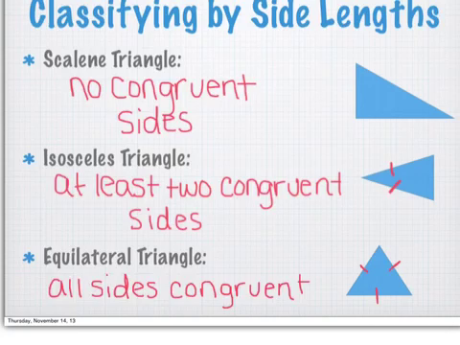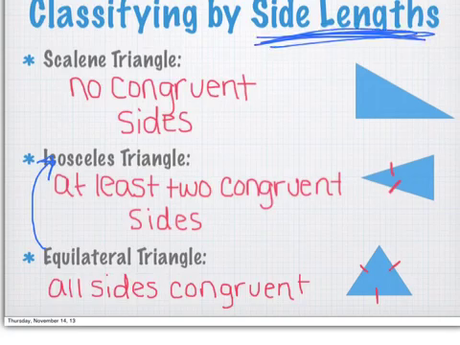That's right. So if it's equilateral, it has all three congruent. Does that mean it has at least 2? Yeah. So every equilateral triangle is a type of isosceles triangle. That's important. Okay? So when I ask you for side length, classifying by side length, these are the words you're looking for. Scalene, isosceles, equilateral.